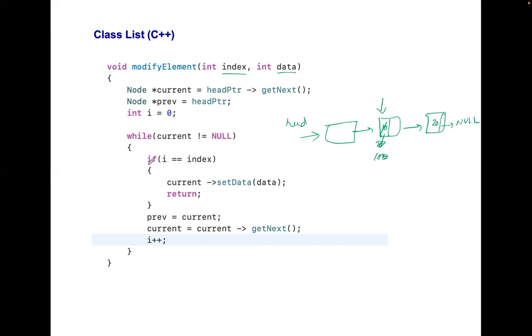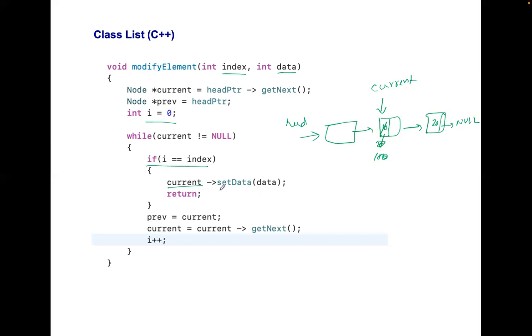Using the same concept, we initialize the variable i from 0 and keep going until i is the same as the index. At that point, the current node points to the node that we want to modify.